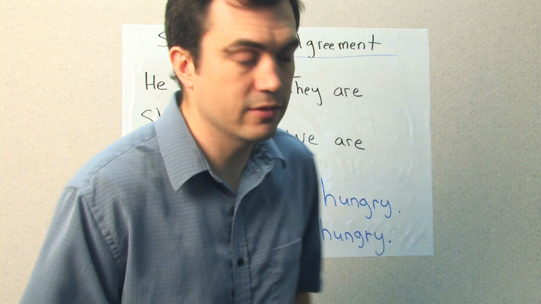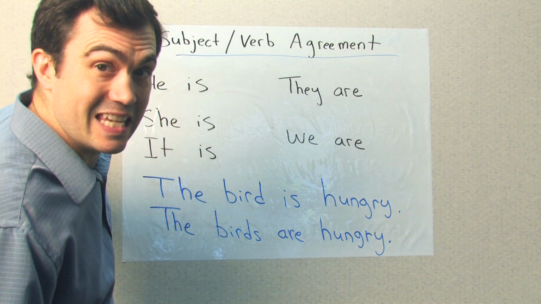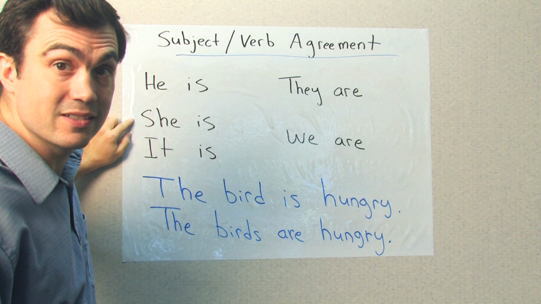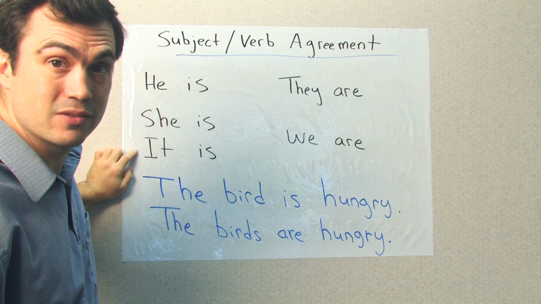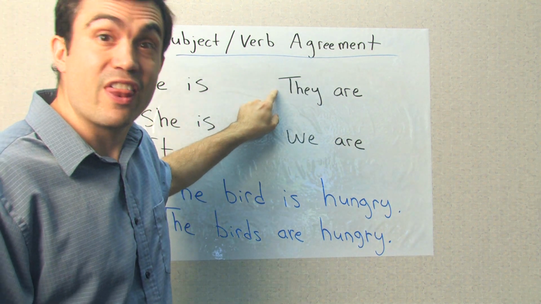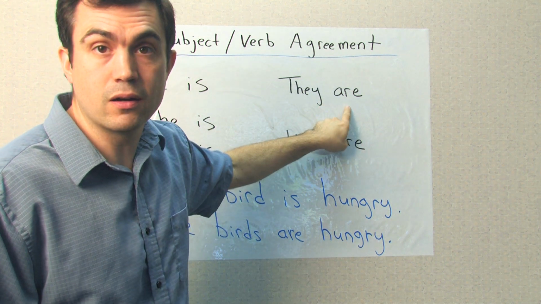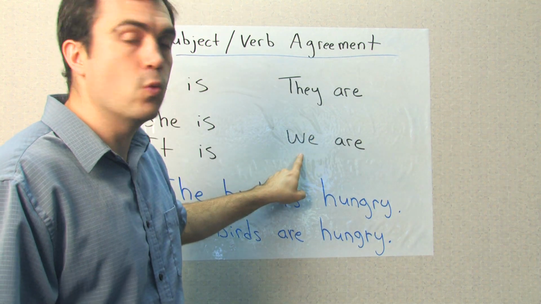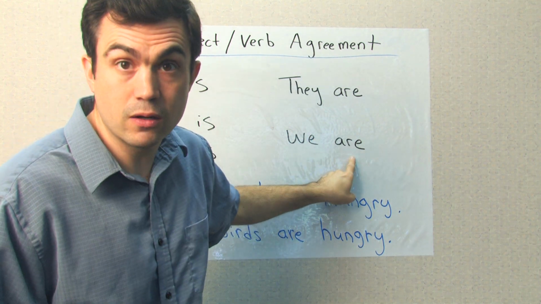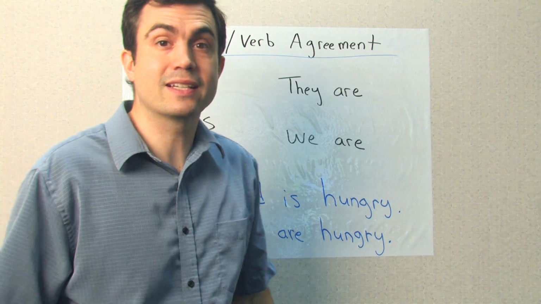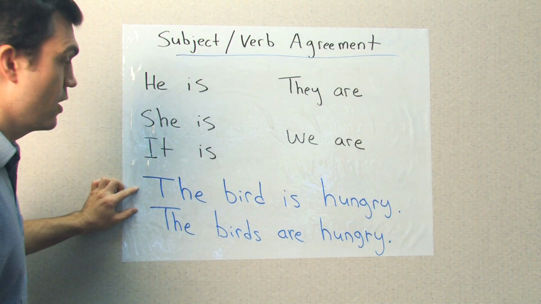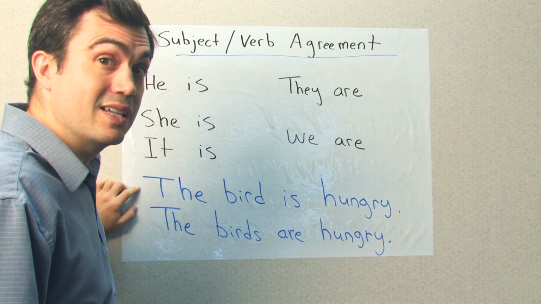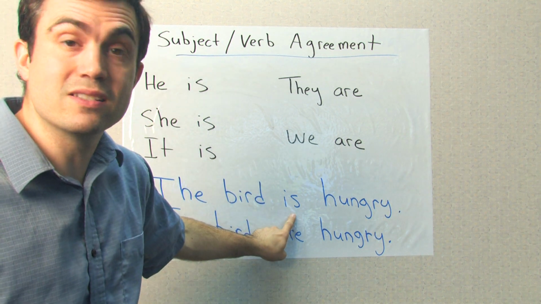You know this, right? He is, singular. Singular, singular. She is. It is. Plural. They are. Plural, plural. Subject-verb agreement. We, plural. Are, plural. Let's look at an example in a sentence. The bird, singular or plural? The bird is singular. We use is.